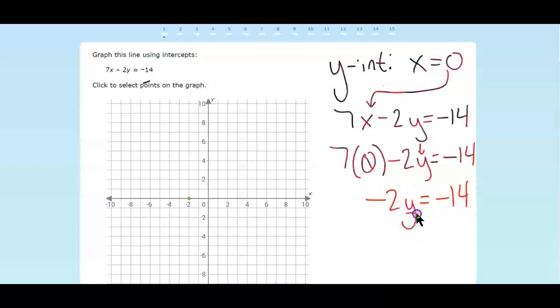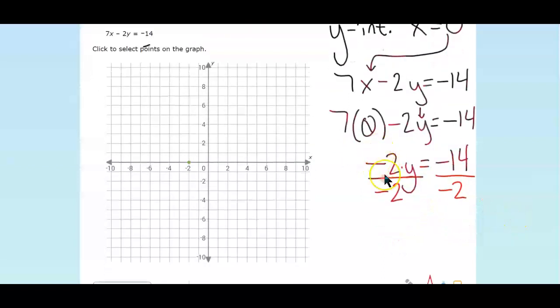And when trying to get y by itself, we still have this coefficient of negative 2. So we're going to use a multiplicative inverse of negative 2. Multiplying by the inverse is dividing both sides by negative 2. And negative 2 divided by itself is 1y.